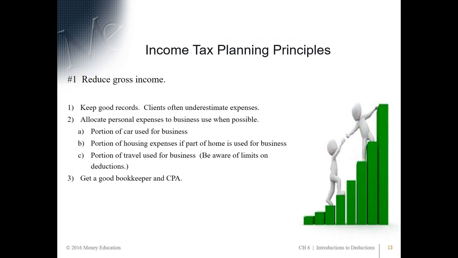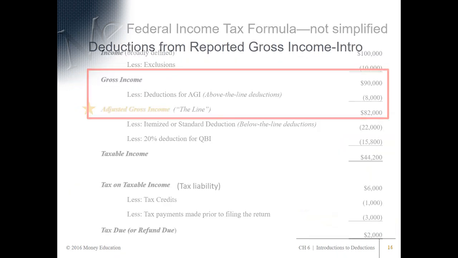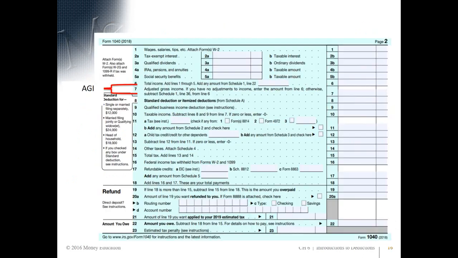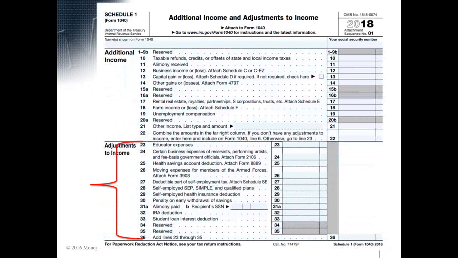So to reduce gross income, here are these three tips that we just went over a moment ago. Now, deductions from gross income to get to adjusted gross income. Recall on page 2 of the Form 1040, line 7 is adjusted gross income. And we go to Schedule 1, the lower portion, which lists those adjustments to gross income.